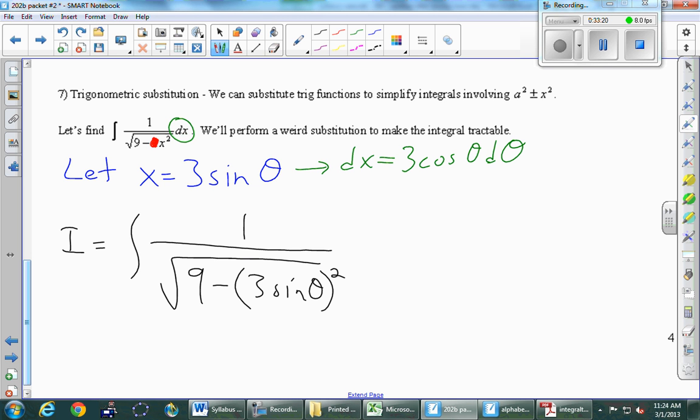So instead of that circled dx, what are we putting here? Granted, this looks worse than it did to start with. But does everybody at least believe that every piece of the original integral is now substituted for in the new integral? Yes. Okay. So let's proceed merrily along.